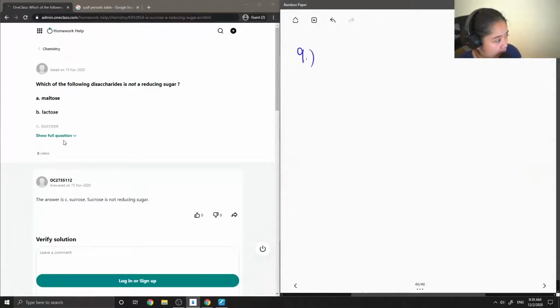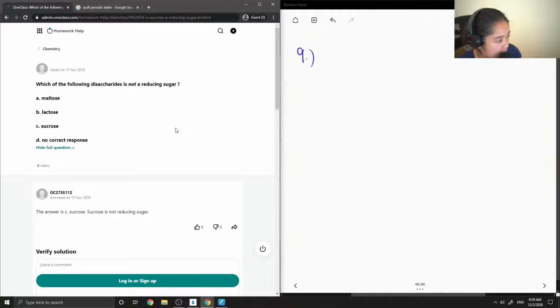Question 9 asks, which of the disaccharides is not a reducing sugar?